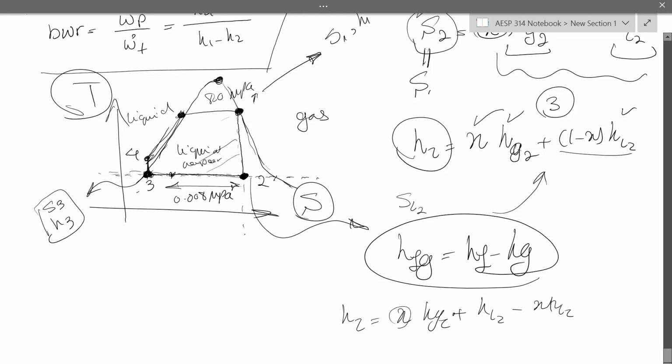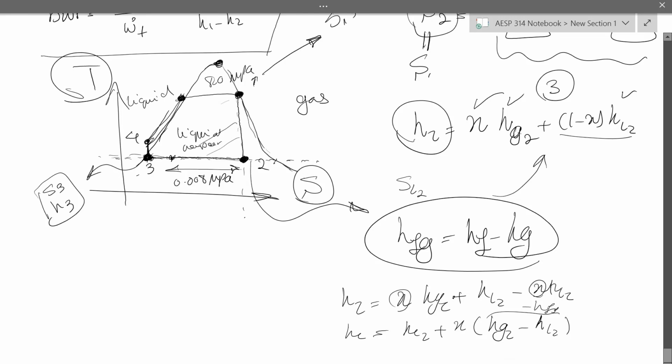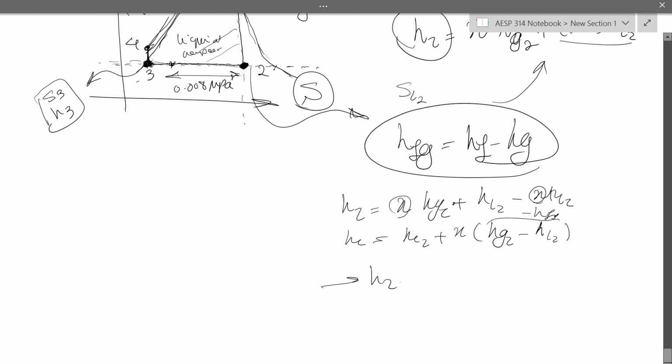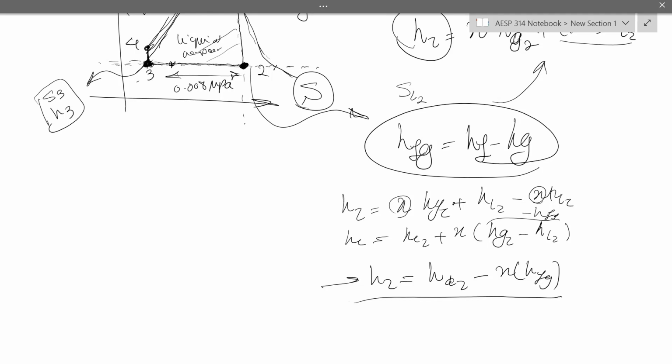You can put these together, and H2 is going to be HL2 plus X multiplied by Hg2 minus HL2, which is the negative HFG, and H2 is going to be equal to HL2 minus X HFG. So you can simplify that equation. I don't know how much the simplification helped, but you just know that HFG is out there.